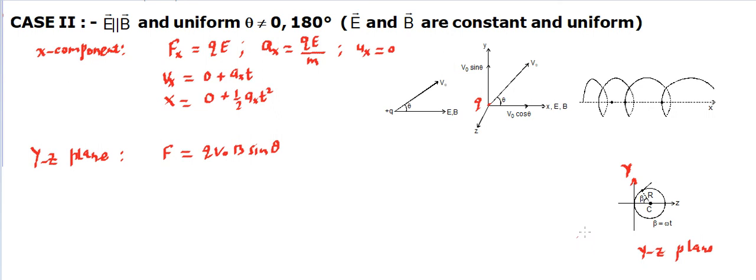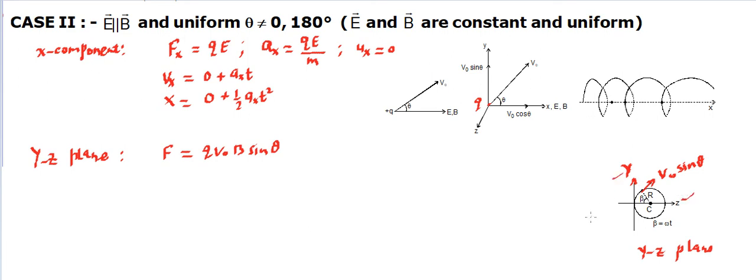So let's say the particle is at this particular location. The velocity will be tangential, and the velocity component is basically V0 sin theta. Now if we want to write this velocity, we can make components along the z direction and y direction.